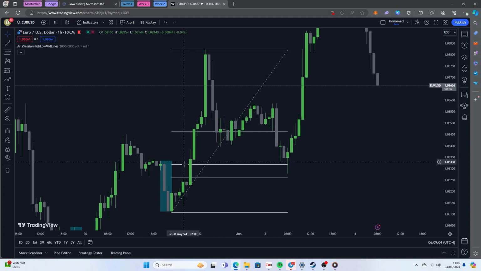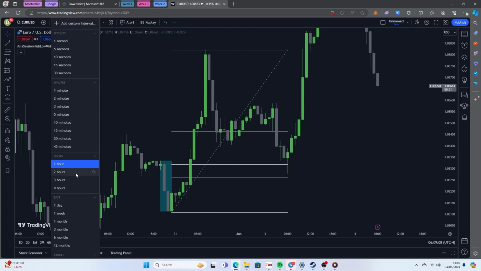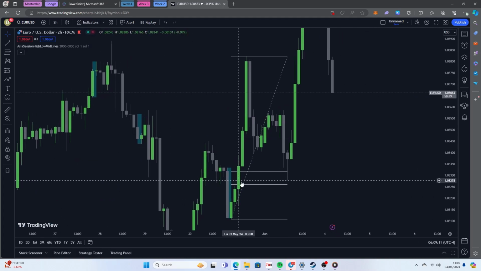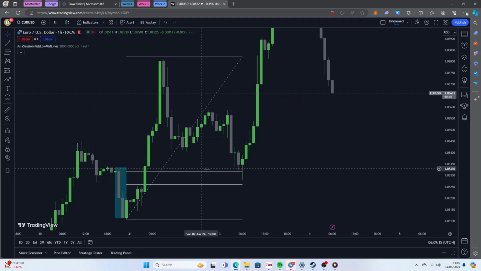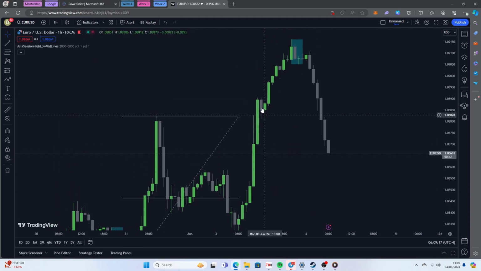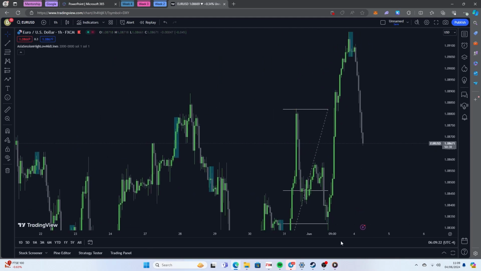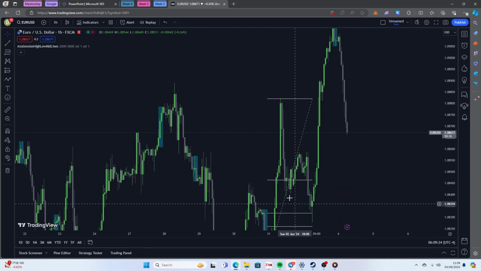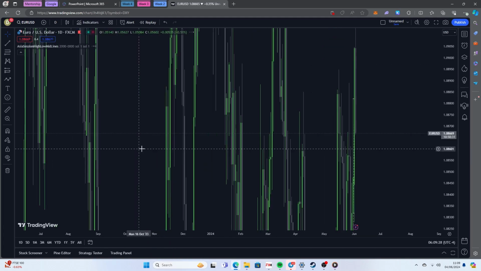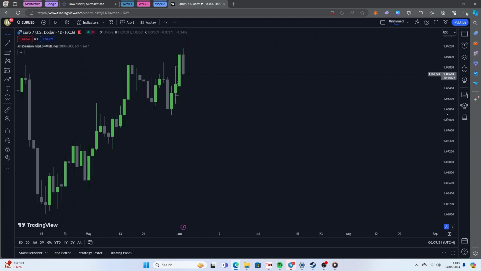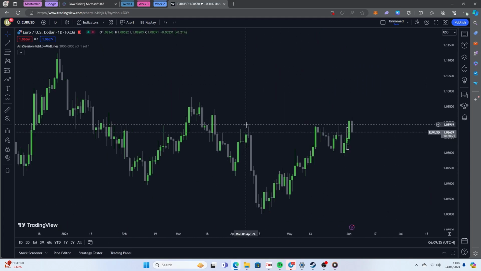Now if there are two fair value gaps, you just need to monitor price. You maybe go up a time frame and get a clearer picture. Price comes into the OTE and aggressively moves away. This happens so much in the markets. What does it seek after rebalancing that inefficiency? It goes and seeks highs, old highs where there is resting liquidity. That is pretty much as basic as it can get.